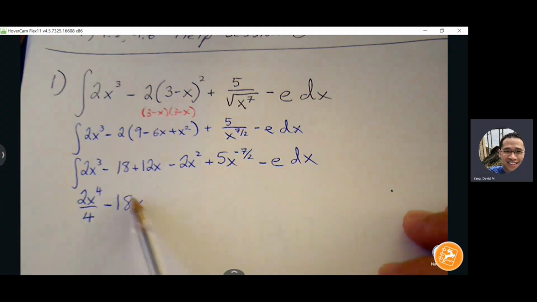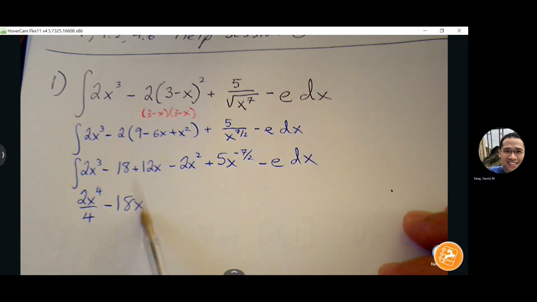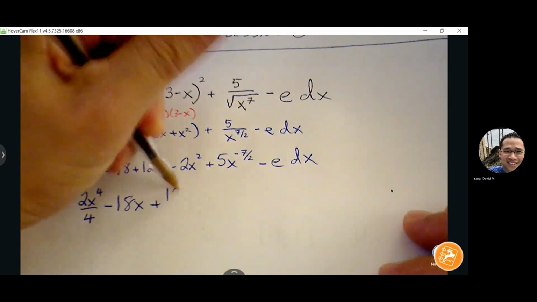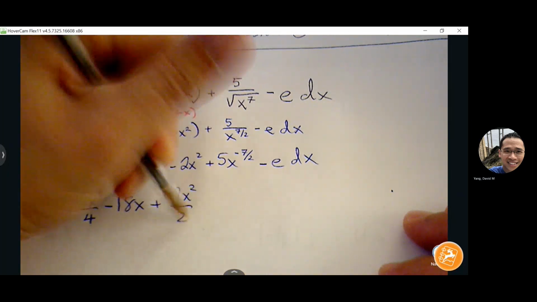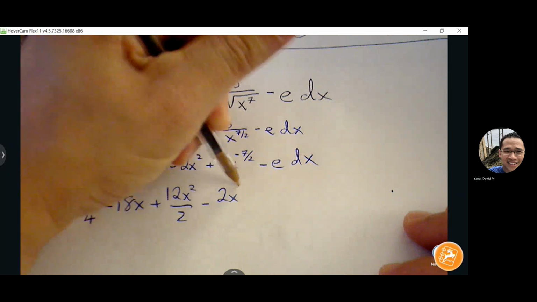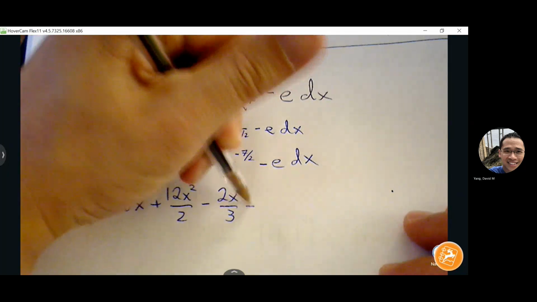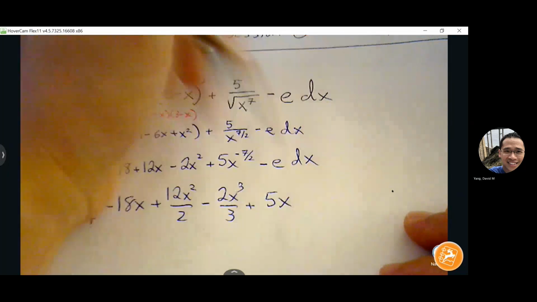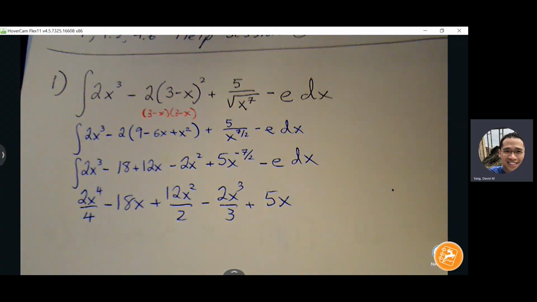Every degree rises by 1. A constant is going to turn into a degree 1, x to the first power. -7/2.